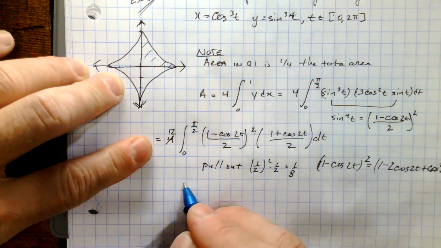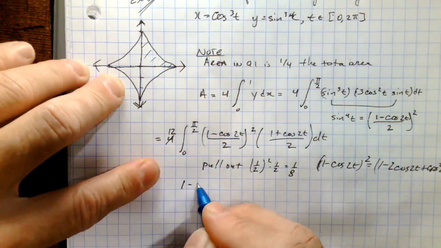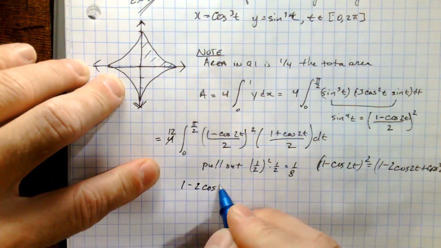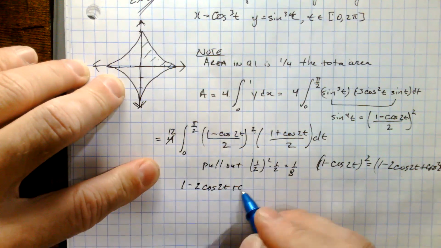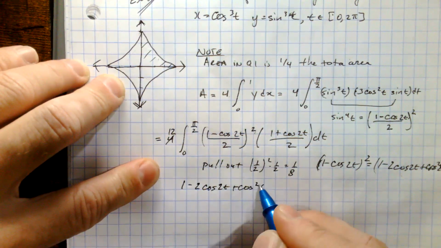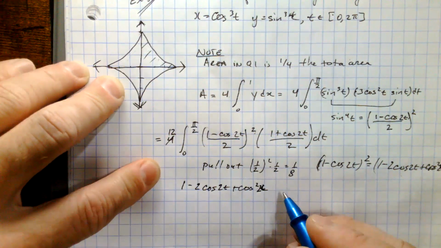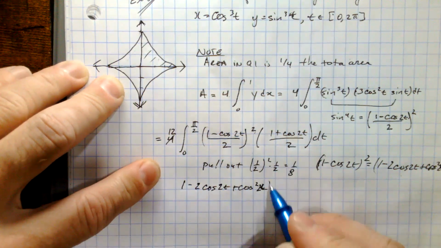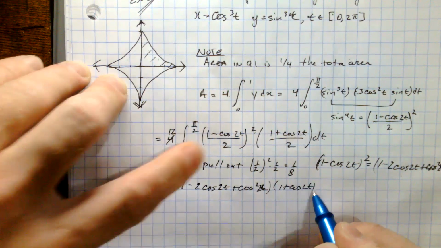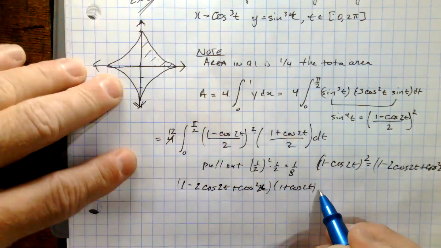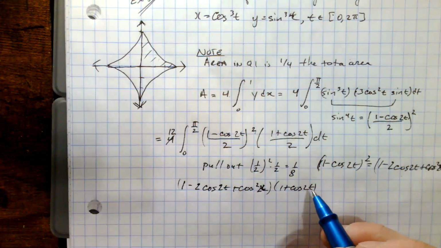Oh boy. Okay, so let's see what that is: 1 minus 2 cosine 2t plus cosine squared 2t. And then I'm going to multiply that by 1 plus cosine 2t, which is coming from here. Again, I factored out the bottoms here.